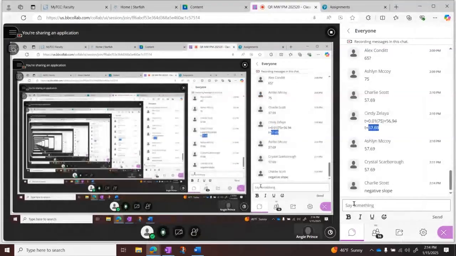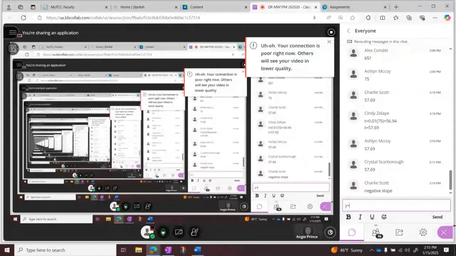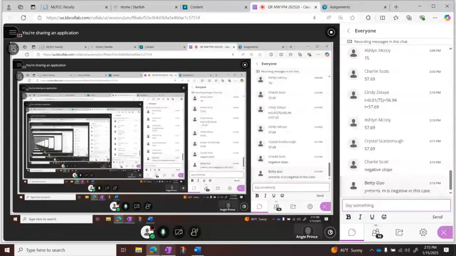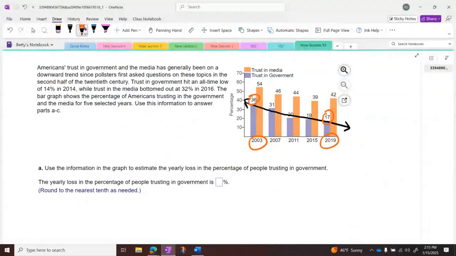That means later in part B, when you need to find the equation of the model, your M is negative in this case. However, in part A, let's look at the wording. Use the information to estimate the yearly loss. We are looking for yearly loss. It doesn't say yearly change, right? If it says yearly change, you would need to have the negative sign.